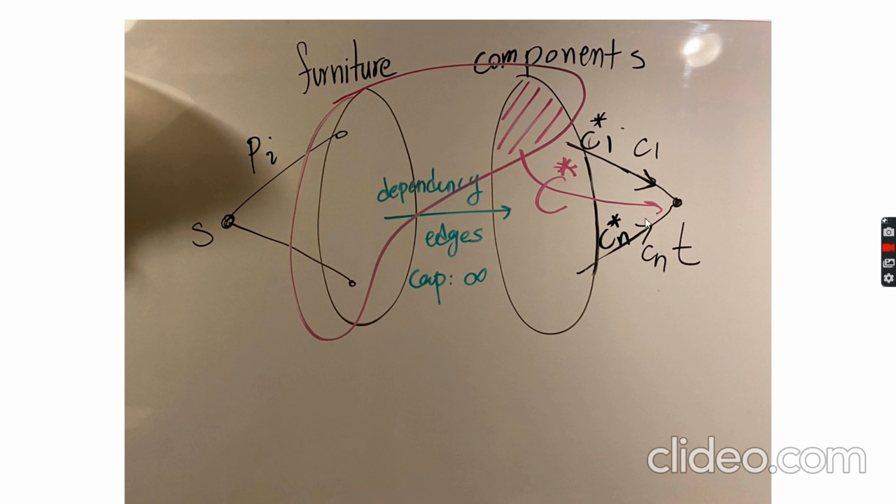So what they will get paid is part of the sigma of these C stars, okay? And now have in mind that when you find the max flow, the value of the max flow is always going to be less than or equal to the summation of capacities here going out of S and the summation of capacities going to T. So even if you consider all of the summation of these C stars here, the flow that would go through them in that case would have to be less than or equal to the summation pi here.